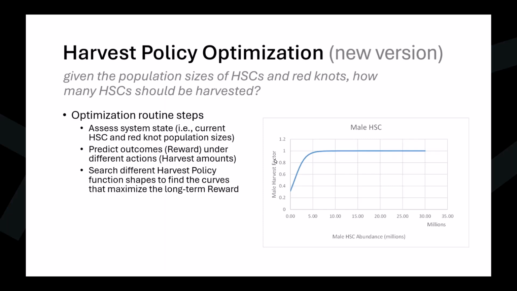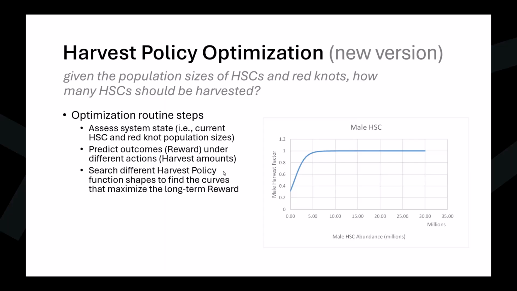So as we try to optimize our decision model using all the inputs that are scientific and values-based, the actual task here is to change the shape of this curve. And as a new shape is proposed, to predict under that shape what the reward will be going out 100 years into the future.